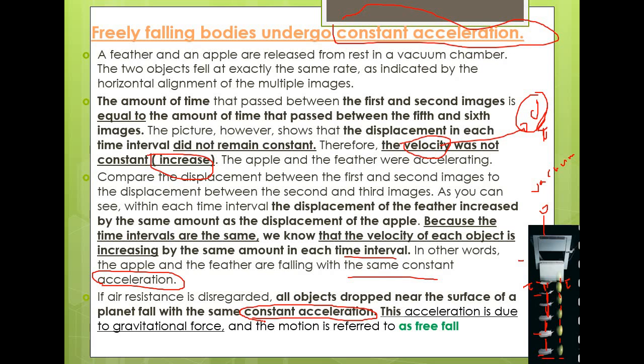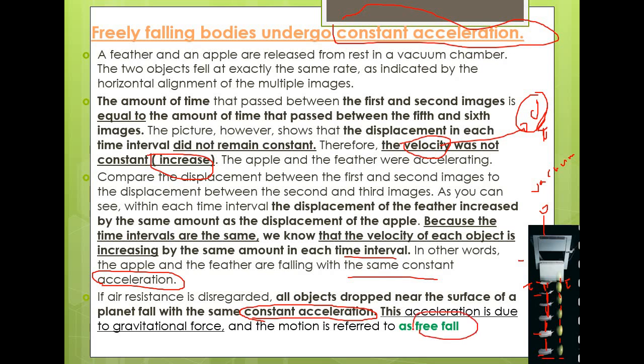This acceleration is due to gravitational force. So why do the apple and feather fall with the same constant acceleration? Due to gravitational force. And this motion is referred to as free fall.